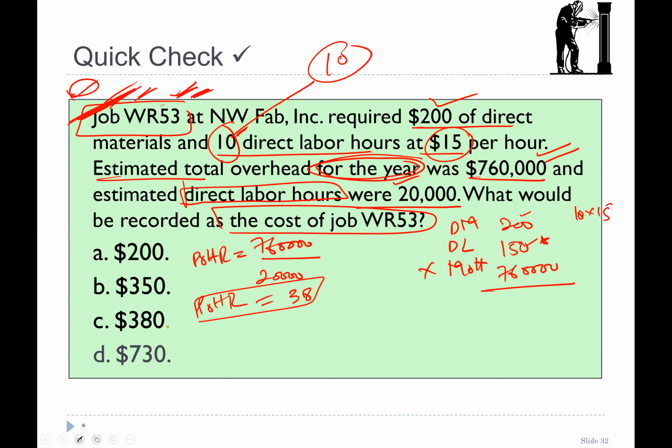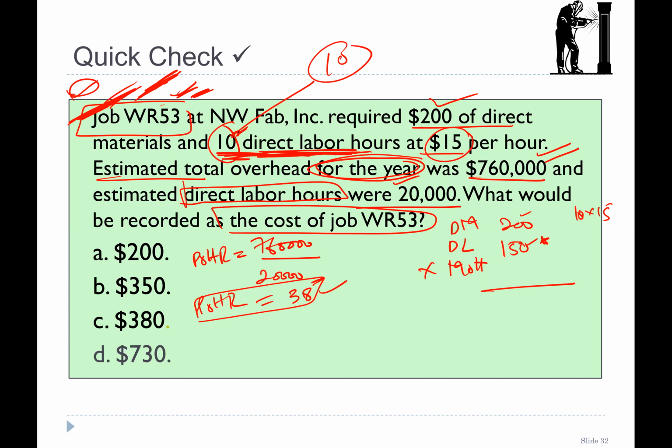So how can we do that? We can find out that per unit POHR is this one, and since the POHR is based on direct labor hours, do we have the direct labor hours for this job? Answer is here. On this job WR53, 10 direct labor hours are used. So we know that the predetermined overhead rate is 38.